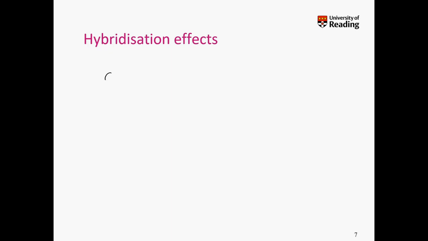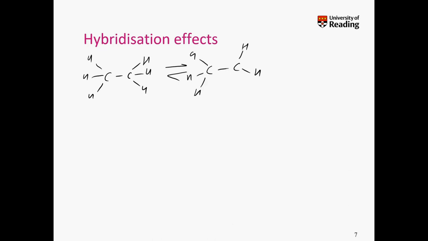If we start with our sp3 hybridized atoms, something like ethane, and if we were to look at turning this into an anion, we would end up with an empty sp3 hybridized orbital with this pair of electrons in, plus our H+.